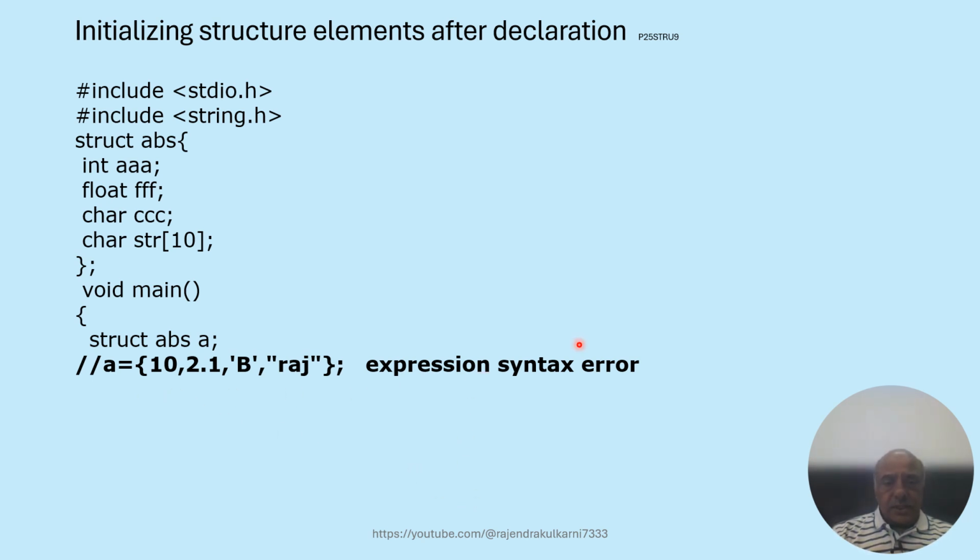What is the error here? It tells us that once the structure variable is declared, it cannot be assigned by this kind of statement in the program. Now how to assign those values to the individual variables of struct ABS A?